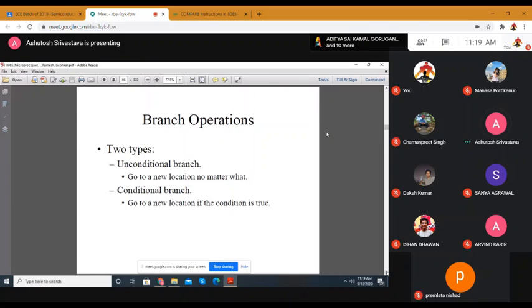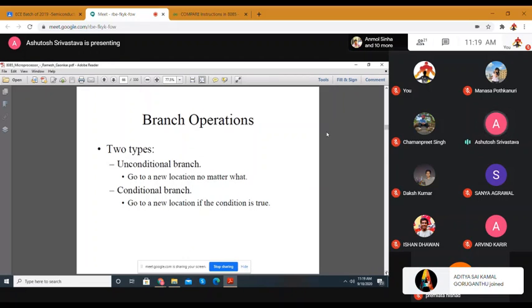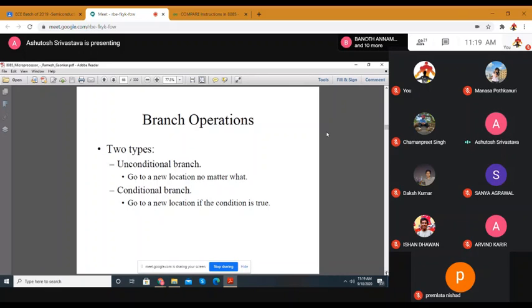So this is what we are saying. When your microprocessor is generally executing instructions in a sequential form, right, and you want that sequence to be shifted or broken, you use branch operations.